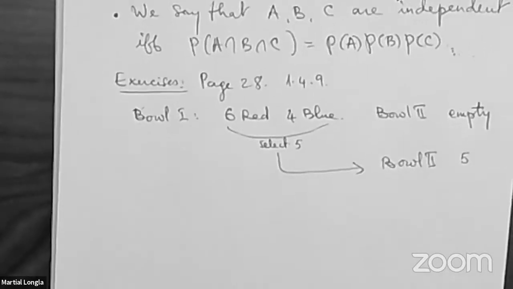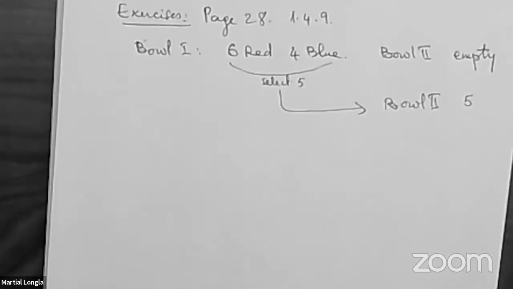So in ball 1, we have 6 red and 4 blue. We randomly select 5 and put in the empty ball 2. We don't know now what are the colors that are in there. Then, this is the experiment now. One chip is then drawn at random from ball 2.